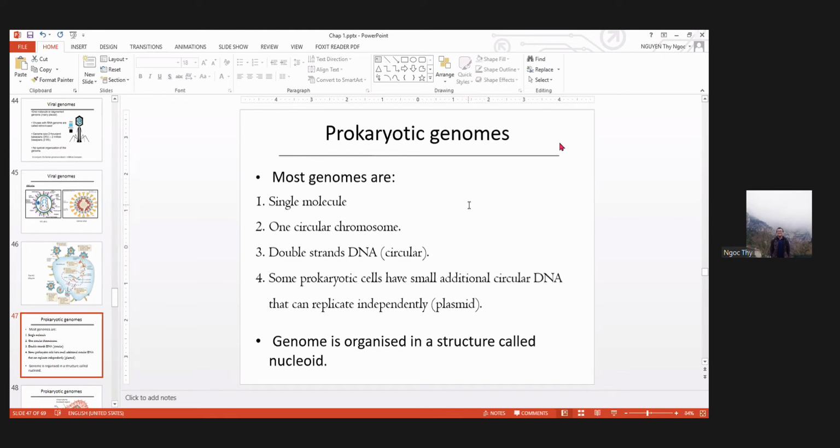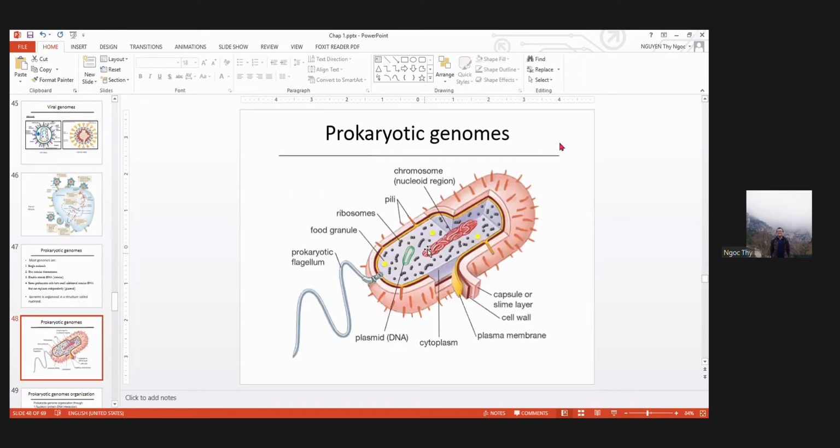In some prokaryotic cells, or some bacteria, we have a small additional circular DNA. For example, here we have the nucleus DNA marked in red, and we have the extra DNA called a plasmid. This plasmid plays a critical role in helping the bacteria gain the ability to resist several types of antibacterial medicines.